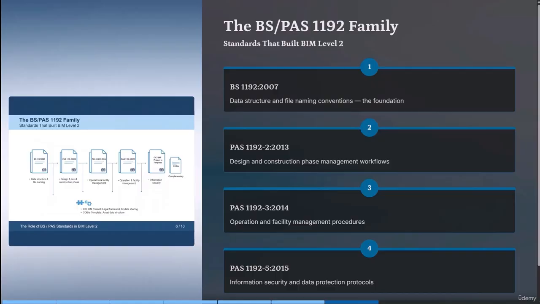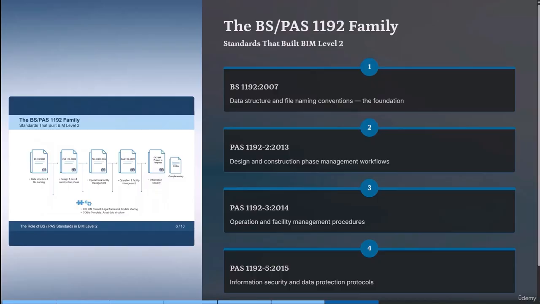While in PAS 1192-2 2013, we got design and construction phase management workflows. The next in PAS, 1192-3 2014, we got operation and facility management procedures and also maintenance.